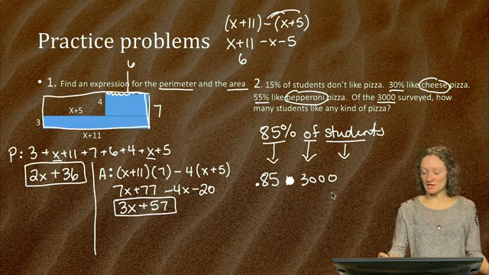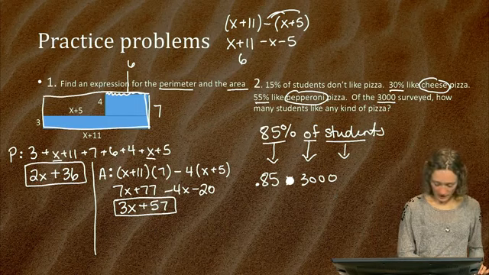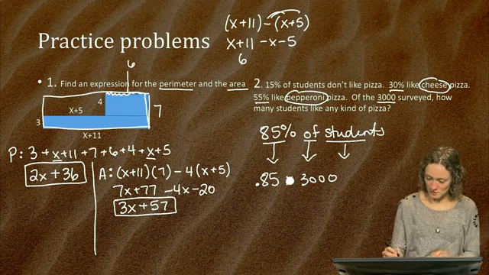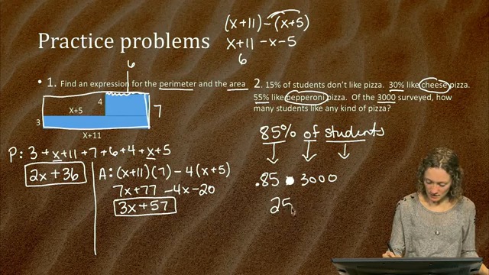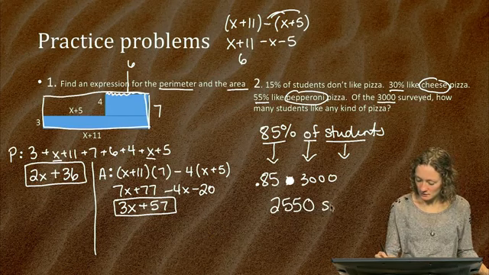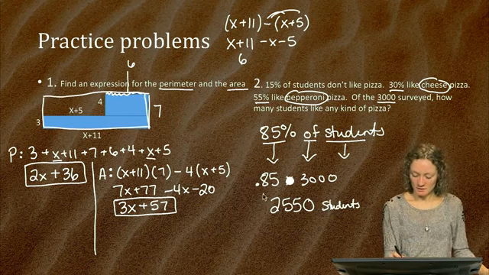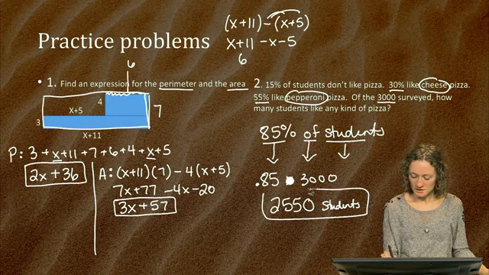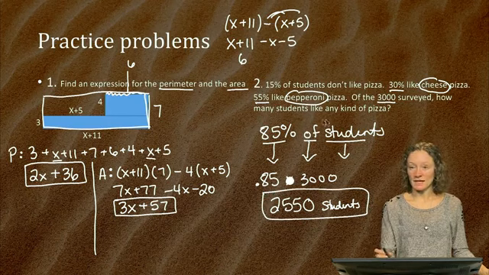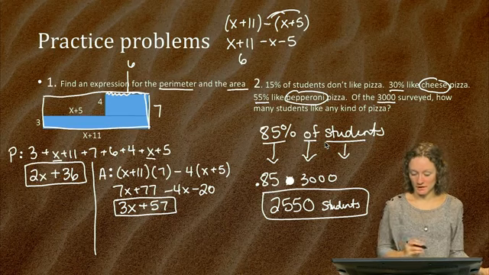Carry out this multiplication and we know the number of students that like any kind of pizza. 0.85 times 3,000 gives us 2,550 students. So this is the number of students that like any kind of pizza, that like cheese pizza or pepperoni pizza, either one.